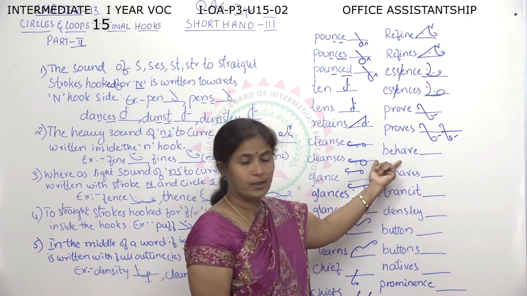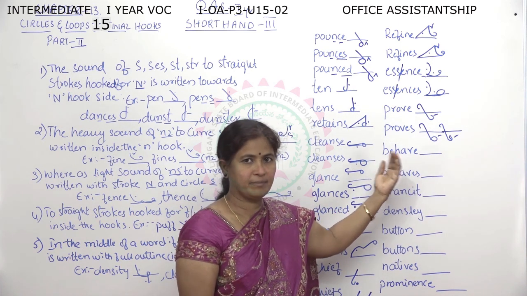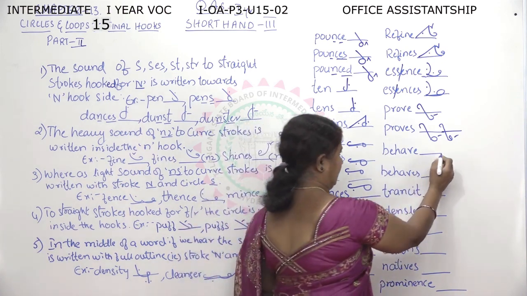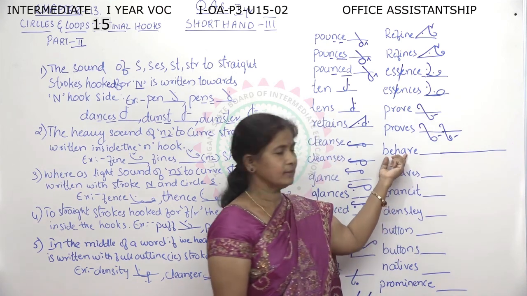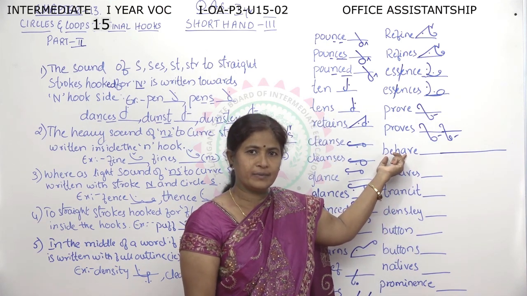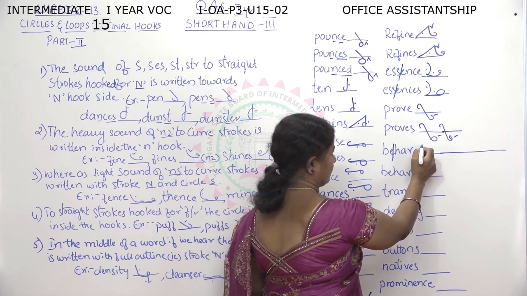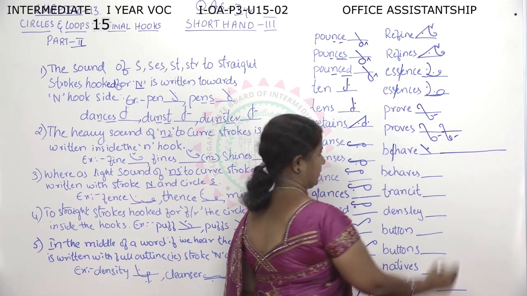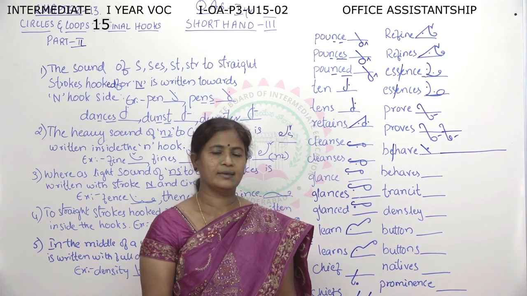Now behave. Behave. Be. Now here in this word, behave, we write B. Okay. How do we write have? H-A-V-E. Behave.